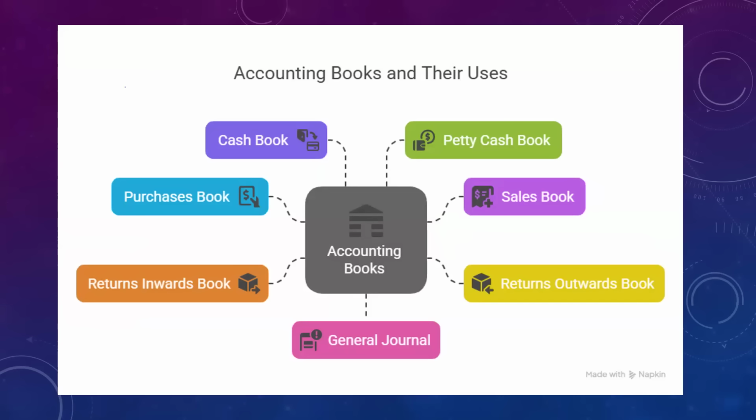So goods sold? Close. Goods sold how? On credit. So specifically goods sold on credit. What about the purchases book? Goods bought on credit.